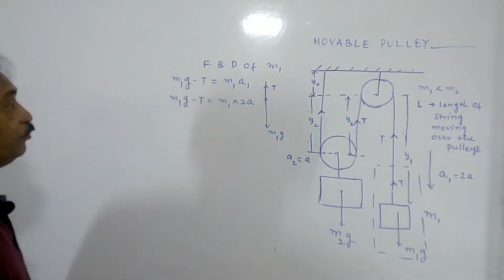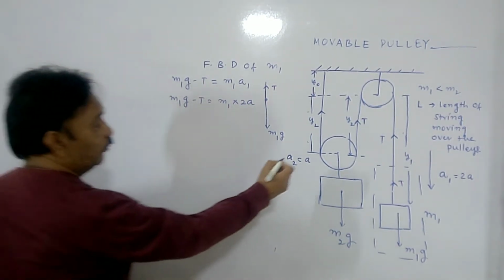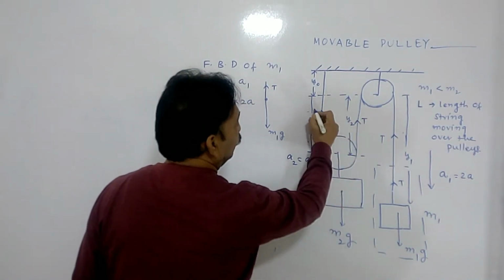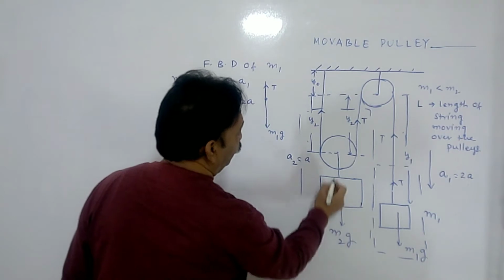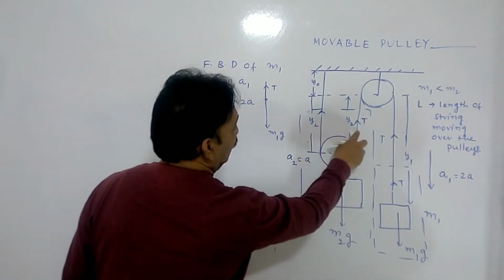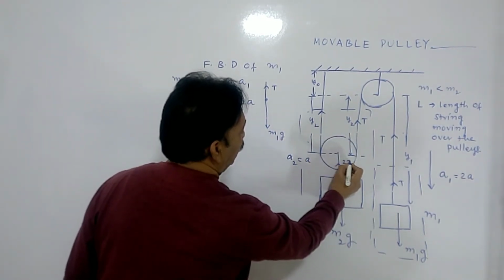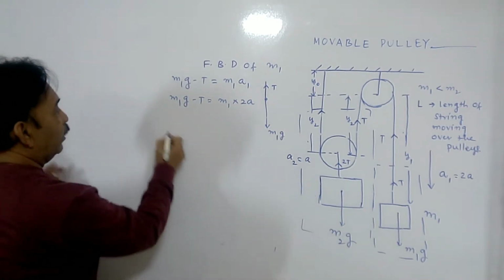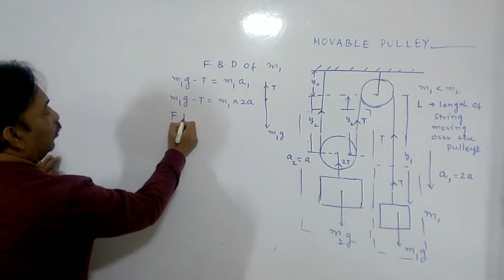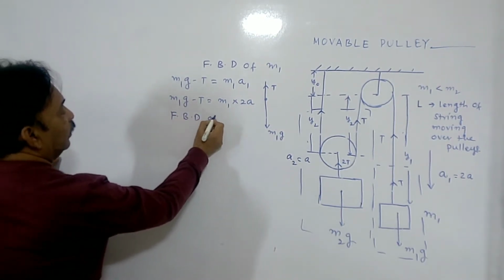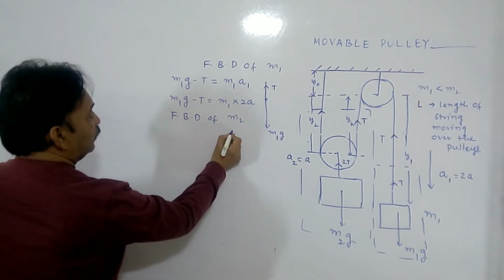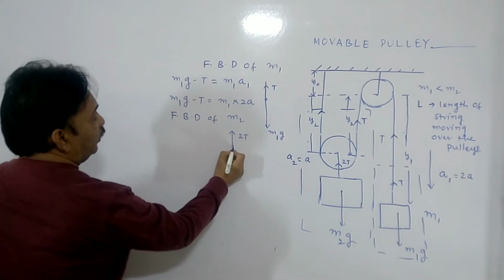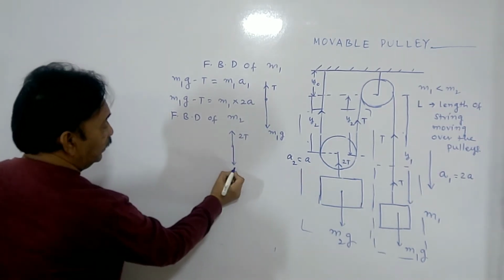Okay, students? Similarly, if you draw the free body diagram of this part, it is T and it is the T and it is the 2T. Okay, free body diagram of M2 we are drawing. You can draw it like this. It is 2T versus m2g.